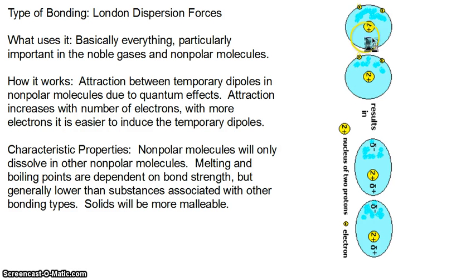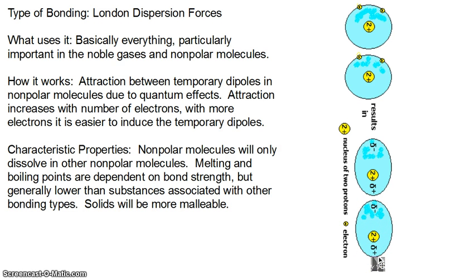So if you look at the picture here, this would be a helium atom and another helium atom. Because electrons could spend more time on one side of the atom, the atom itself gets a partial negative and a partial positive side to it, and that will then be attracted to the partial negative and partial positive side of the other one.